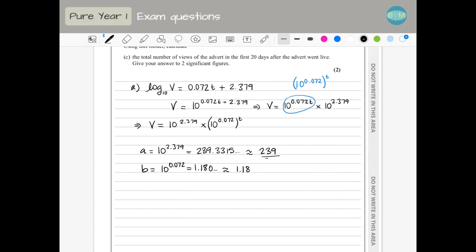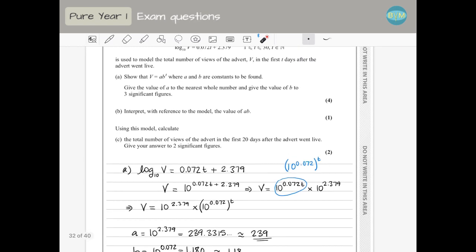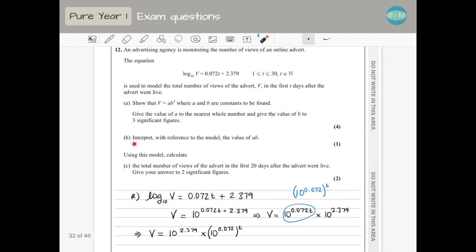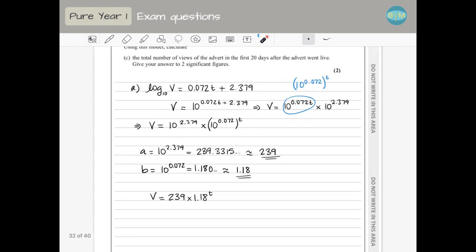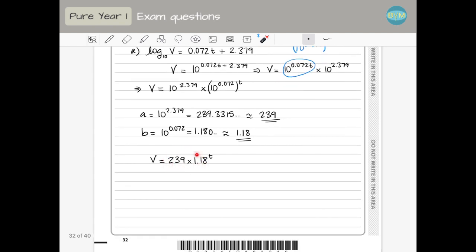And those are the values of A and B, and the model will be 239 times 1.18 to the power of T. We are going to use this model now to answer anything that they ask. Part B: interpret with reference to the model the value of AB, the product. AB is going to happen when T is 1.